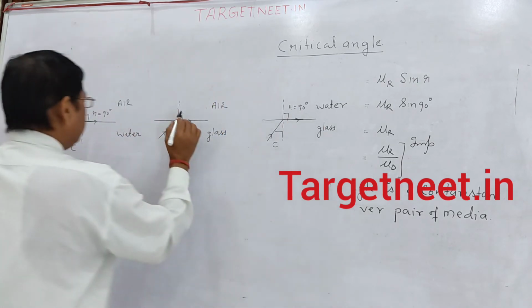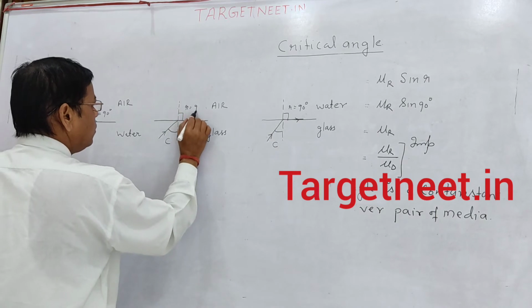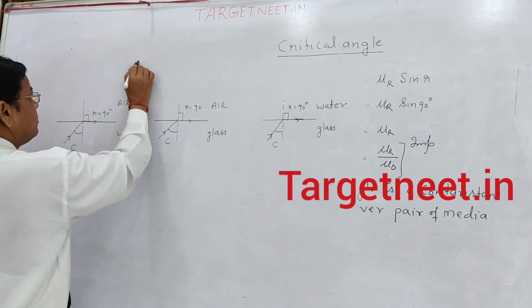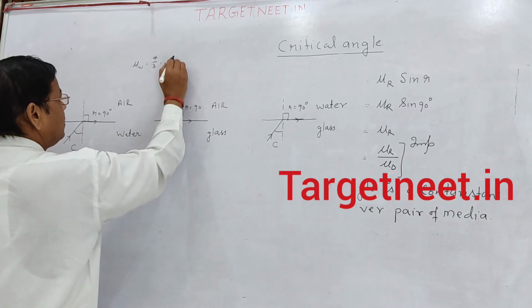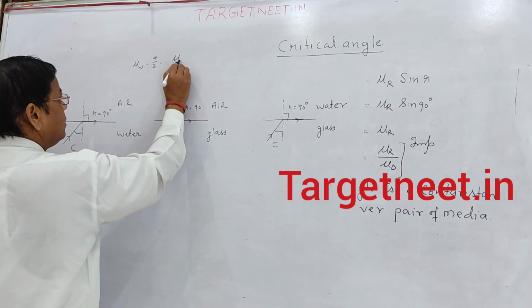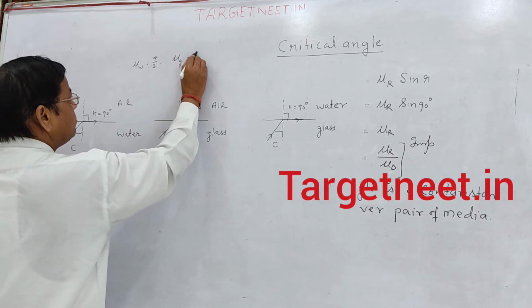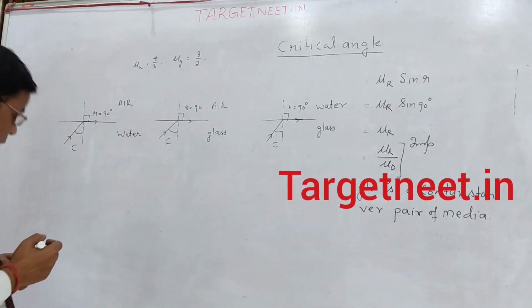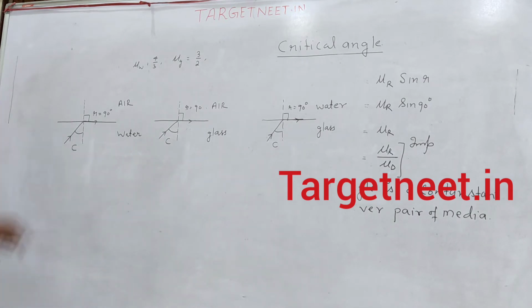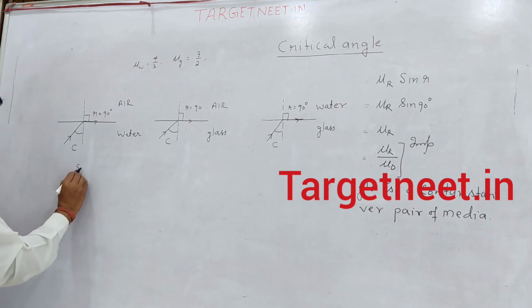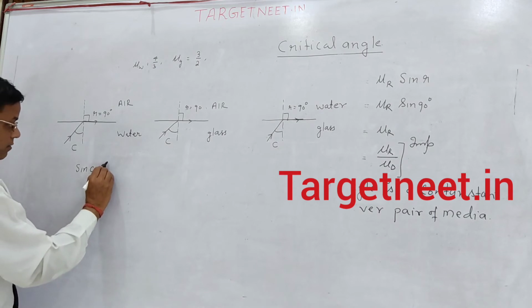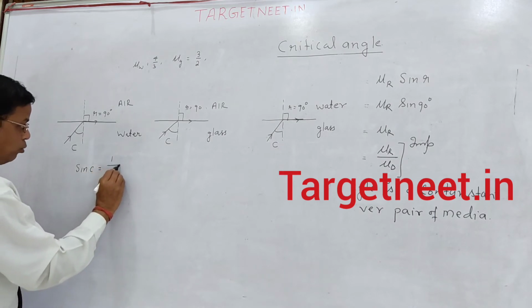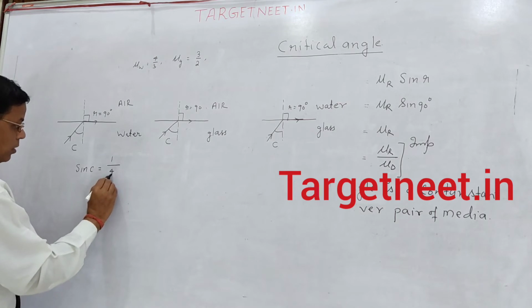Now we know the refractive index of water is 4/3, and the refractive index of glass is 3/2. Now here, if we use Snell's law or directly apply the result, sine of critical angle is the refractive index of rarer medium, that is refractive index of air 1, upon the refractive index of water 4/3.